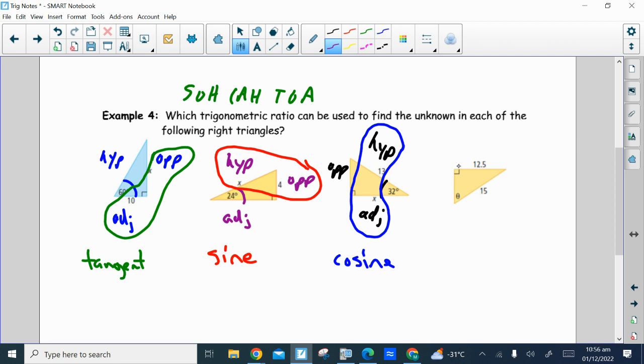So the right angle's up here in the top left corner. The side across from that is the hypotenuse. You can see that theta is labeled there. So that's the angle in this case that we'd be trying to find. We're trying to find theta. The side across from that is the opposite. Third side is the adjacent.